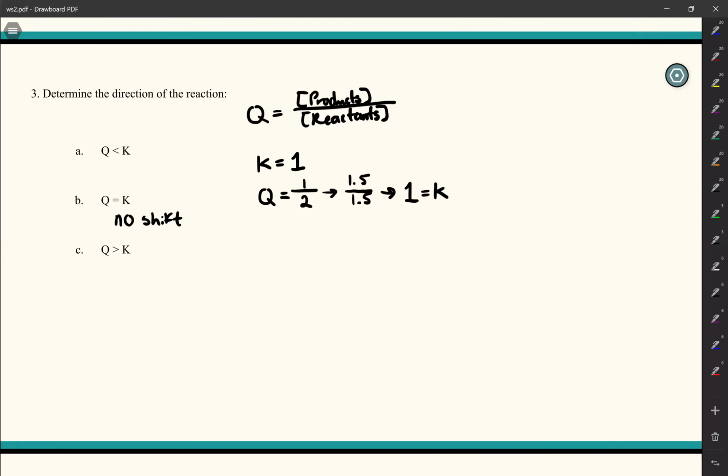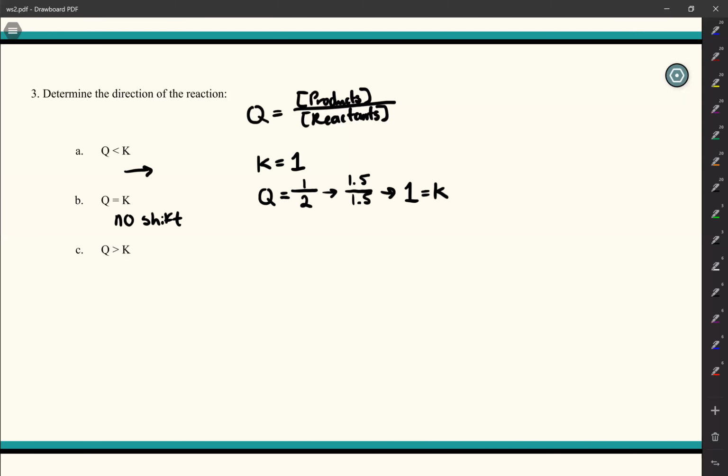So how did I get back? Well, I increased the amount of products and decreased the amount of reactants. I relieved the stress on this reaction by creating more product. And when we create more product, that means we're moving in the forward direction. So for A, we would move in the forward direction if Q is smaller than K.